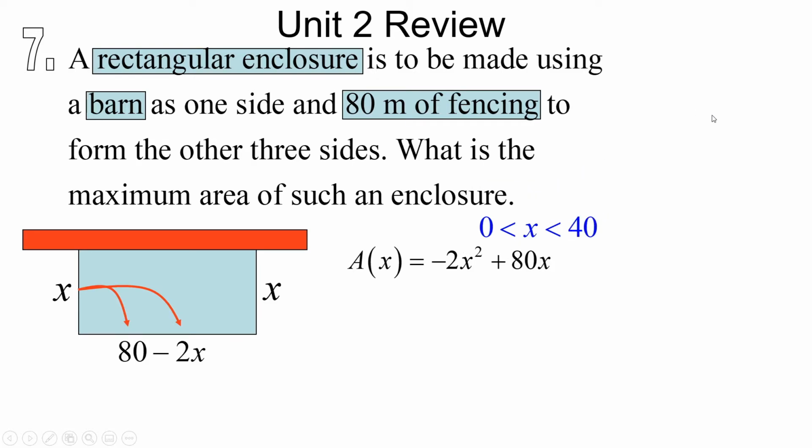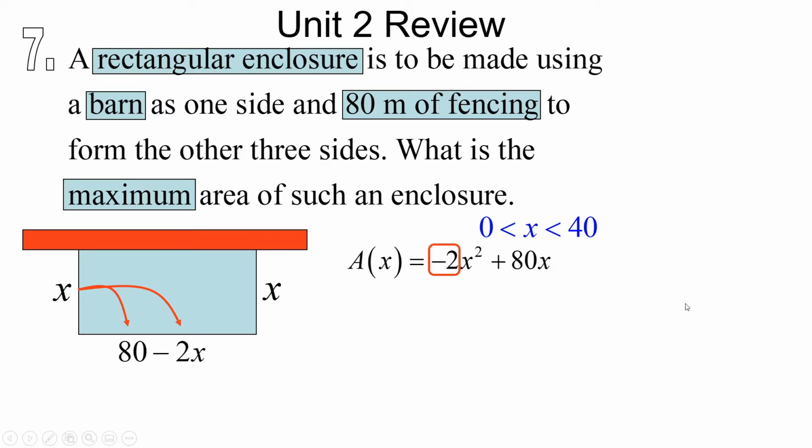All right, let's find our maximum area. Look at that: my leading coefficient is -2, so I have a quadratic that's going to open downwards. That means the maximum will occur on the vertex, and the vertex is on the axis.